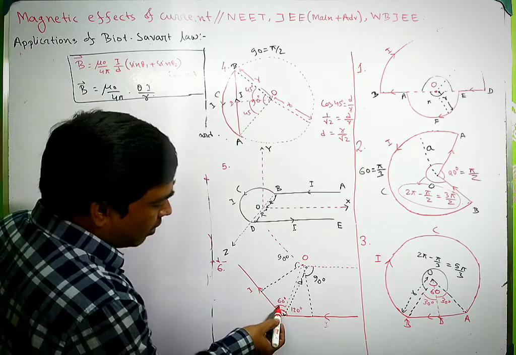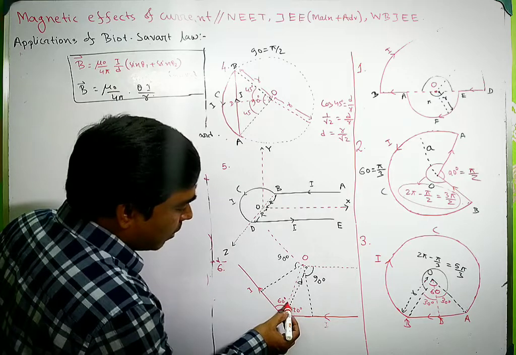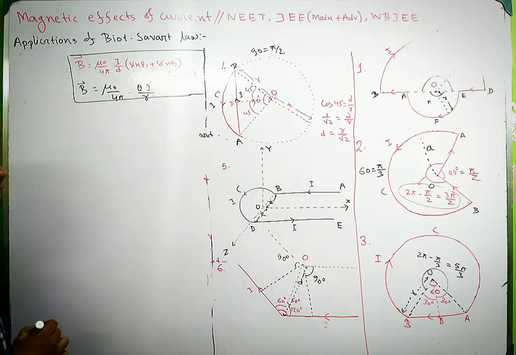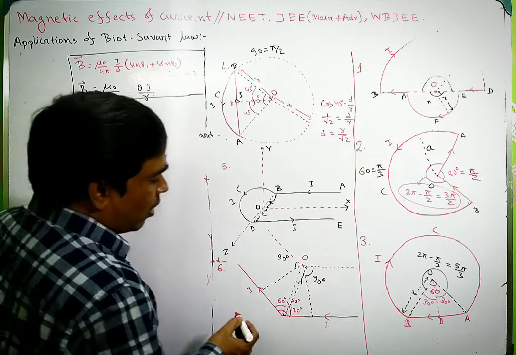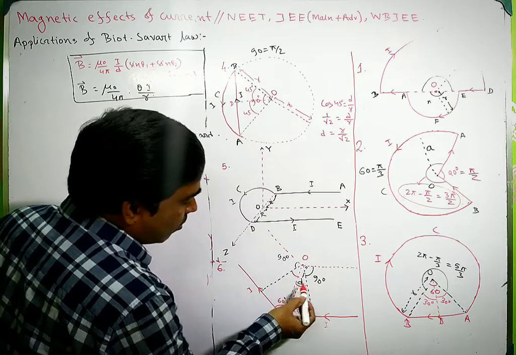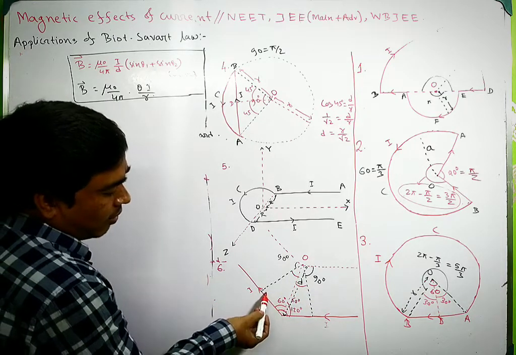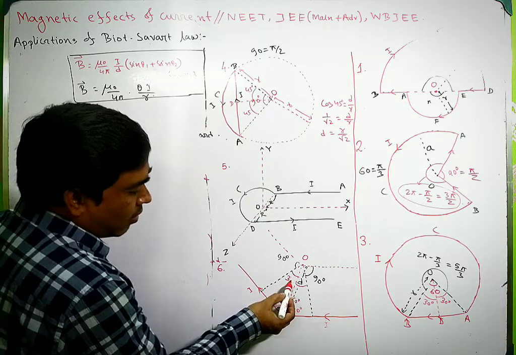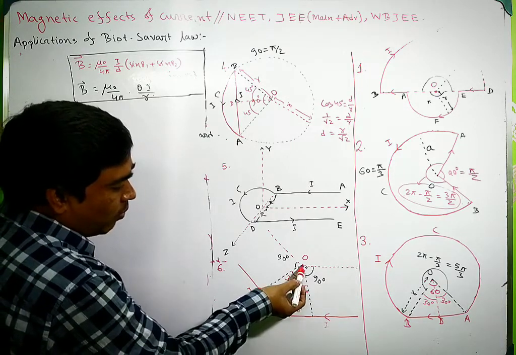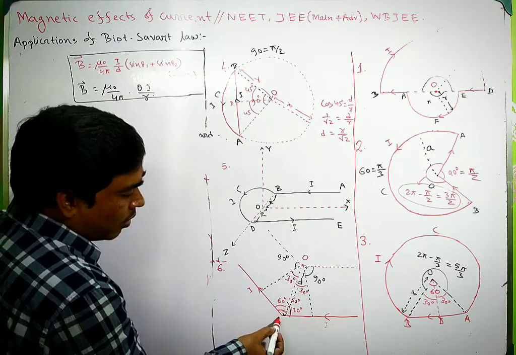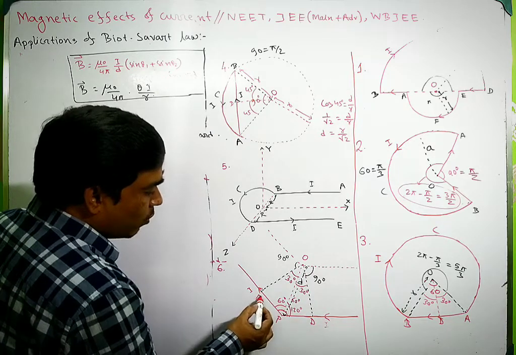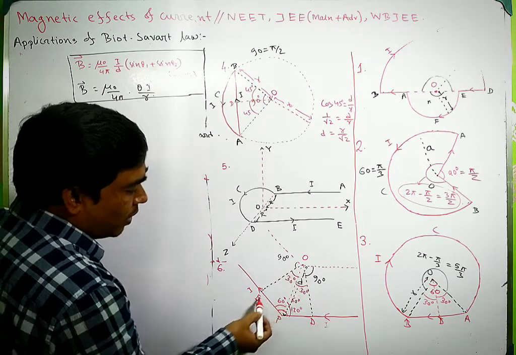Now this angle is 60 degrees, because the total is 120 degrees. Now what will be this angle? If this is 60 and this is 90, it must be 30 degrees. Look at this triangle: suppose this is P, this is D, this is E, so POE.